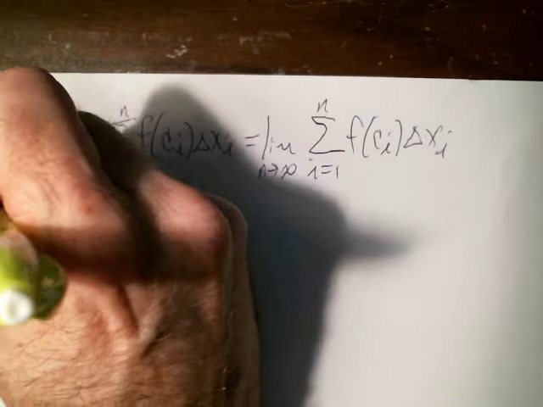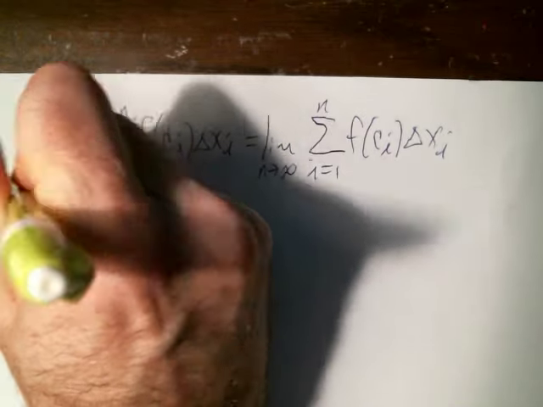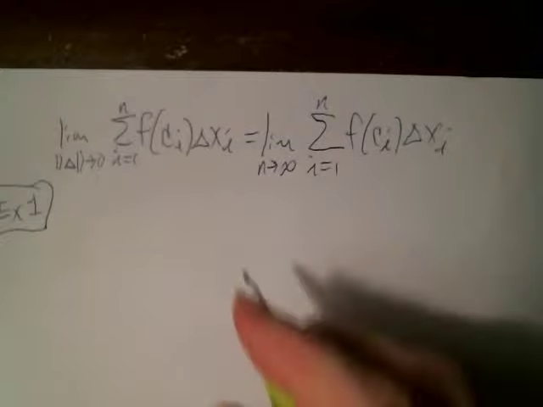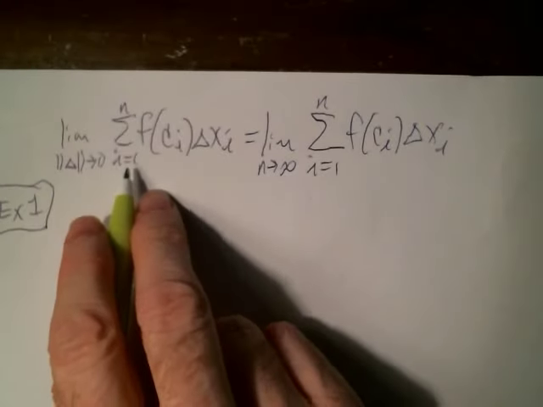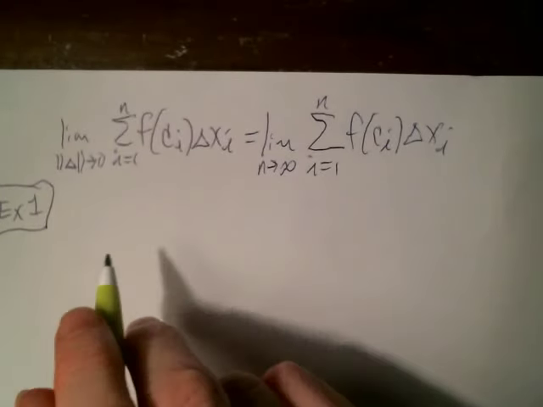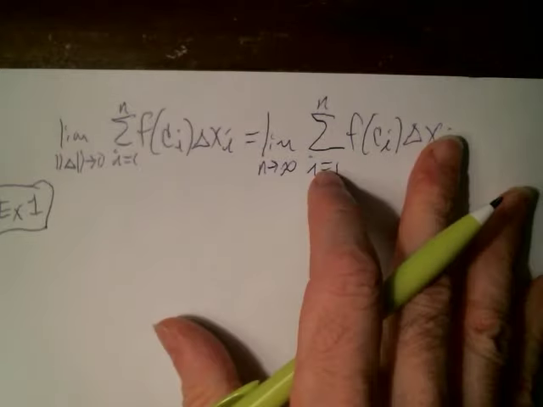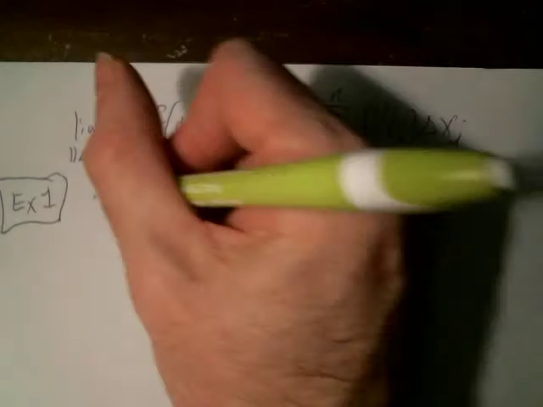But anyways, let's look at example 1. Example 1 is interesting because instead of using our change in x equals b minus a over n, our change in x is this other formula. Okay, so what are we doing?